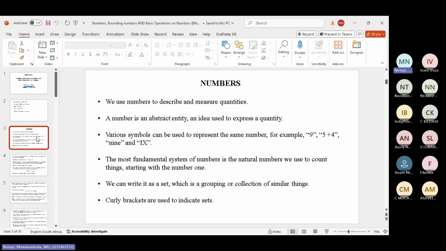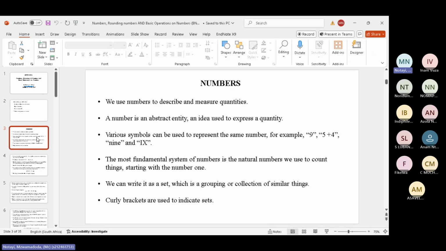Various symbols can be used to represent the same number. For example, 9 can also be written as 5 plus 4, as the word nine, or as the Roman numeral IX.